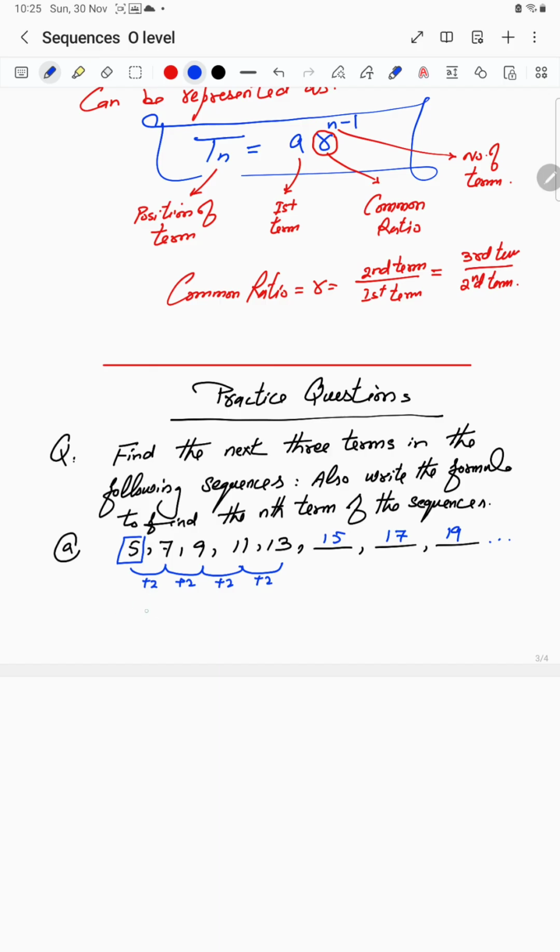For an arithmetic sequence, we have Tn, the nth term formula. The nth term is our position of terms. We can say a plus (n minus 1) into d, as we wrote it above.